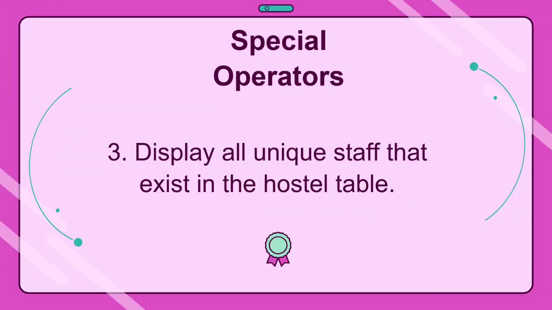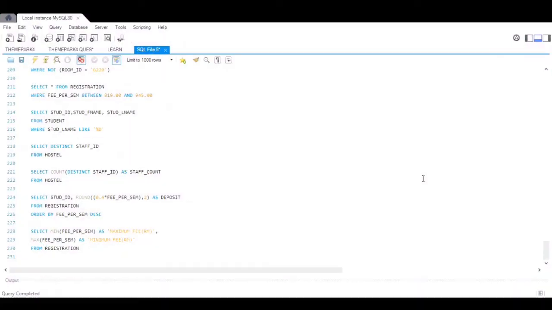Question 3. Display all unique staff that exist in the hostel table. Okay, for this question, we need to list all the unique staff ID from the hostel table.